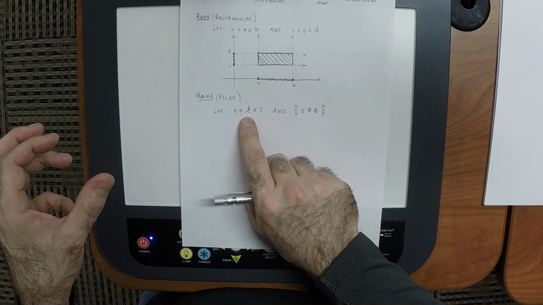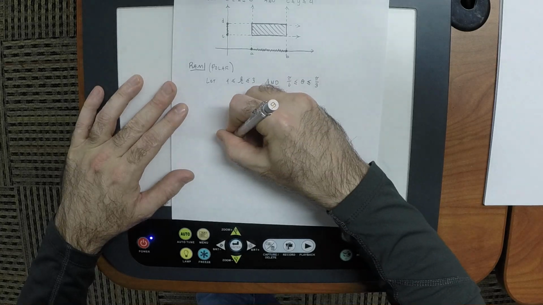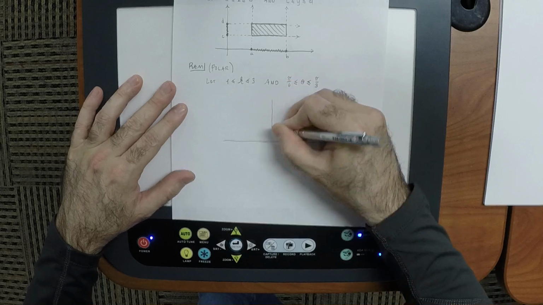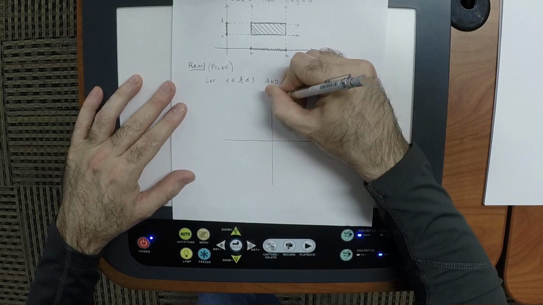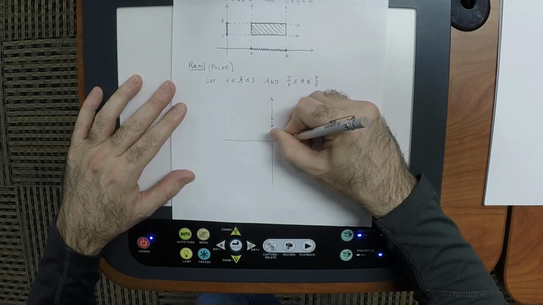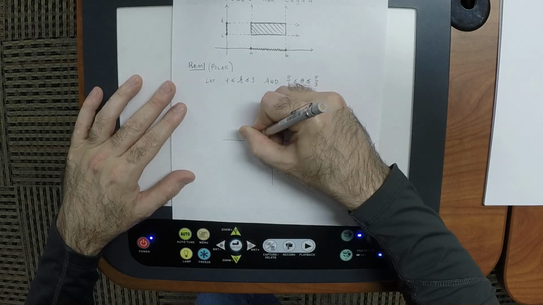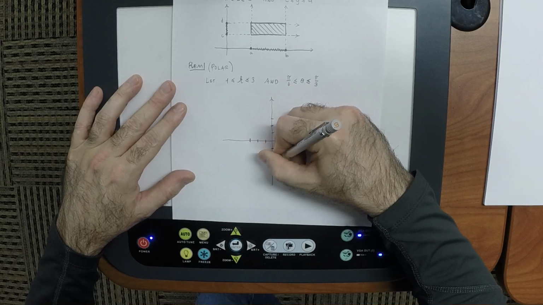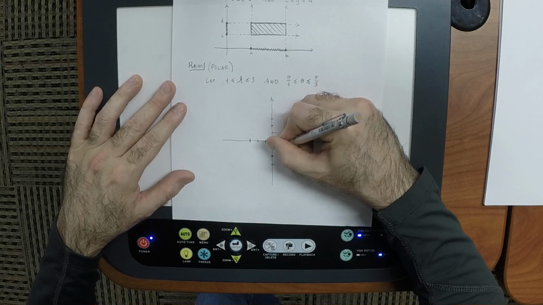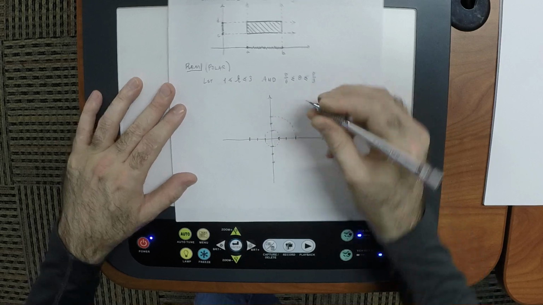It's an annulus, yes. There's the circle of radius 1, and here's the circle of radius 3.